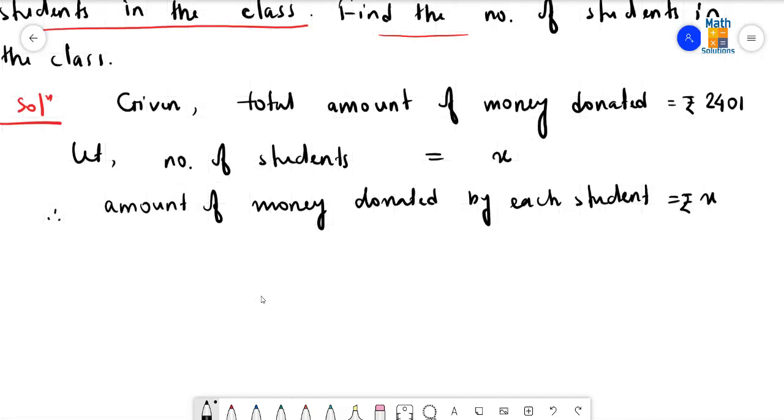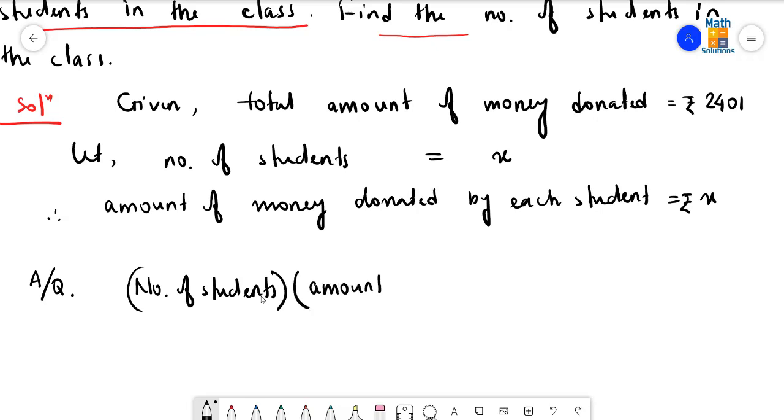So according to the question, what can I write? According to the question, number of students into amount donated by each student is equal to 2401 rupees.